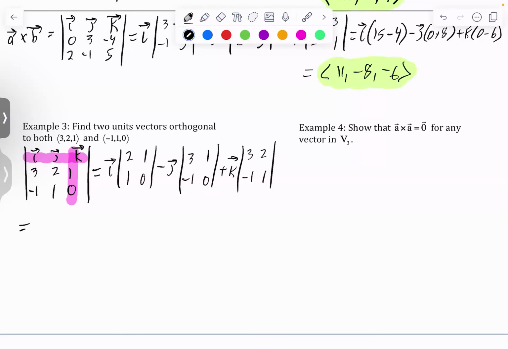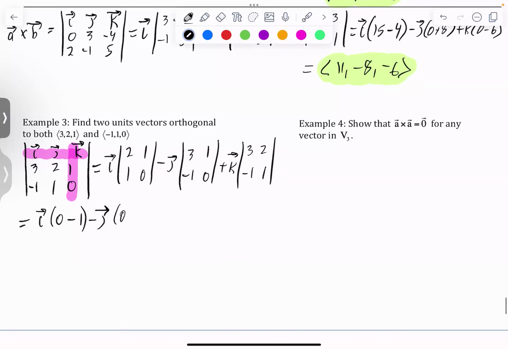So this is going to give me 2 times 0, which is 0. So this is i. 0 minus 1 times 1 is 1. Minus j. I'm going to say it every time. Don't forget it's minus. Oops. And that's going to give us 3 times 0, which is 0, minus -1.